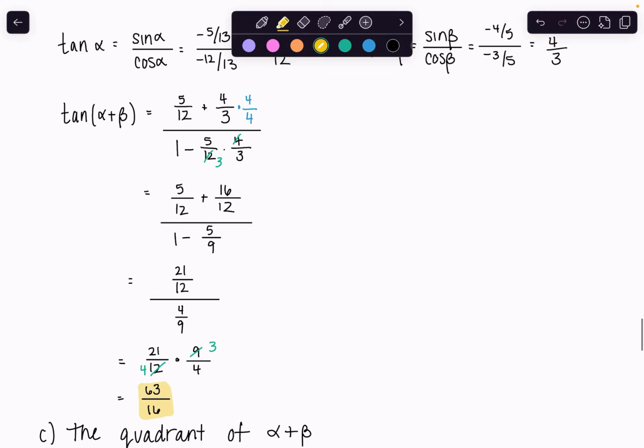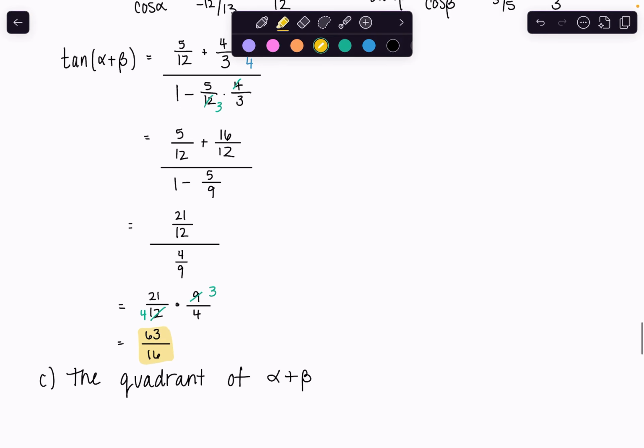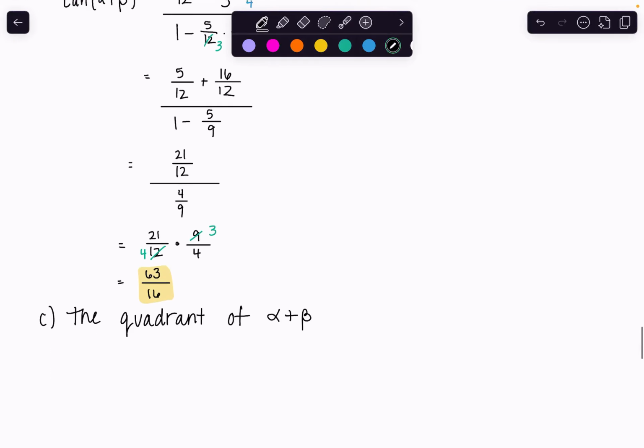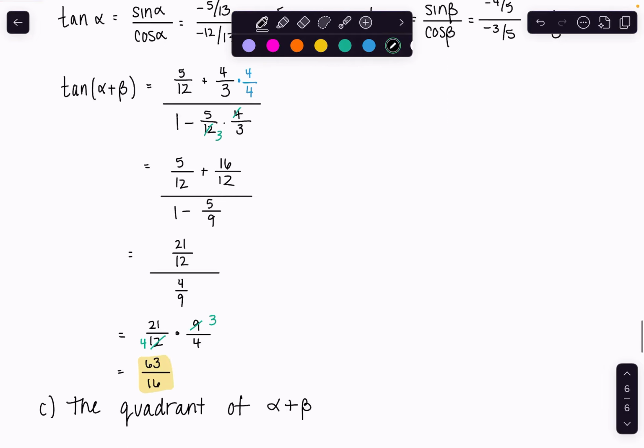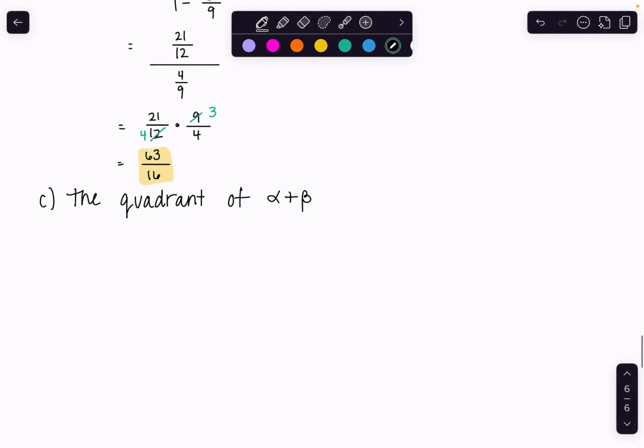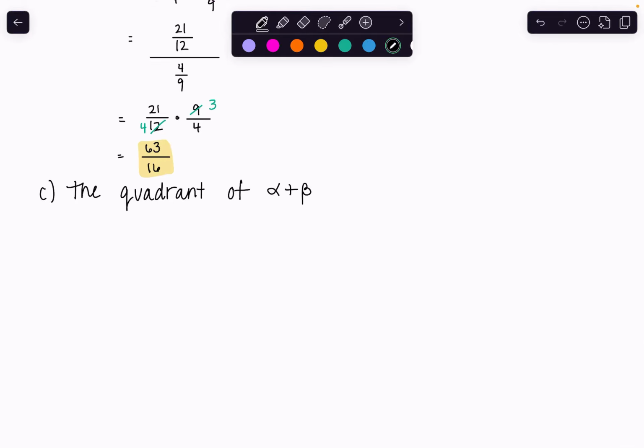Okay. Now that I have two pieces of information about alpha plus beta, we can go ahead and find the quadrant of this angle. So if you notice, both sine and tangent are positive. So I'm going to find what is the one quadrant where that both happens.